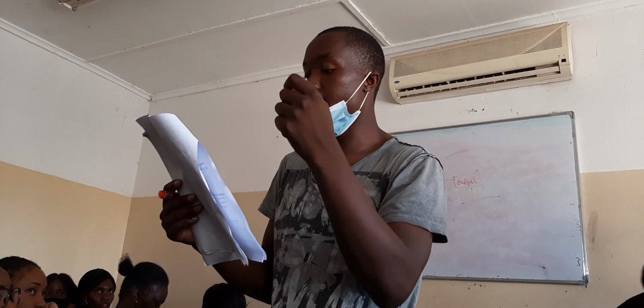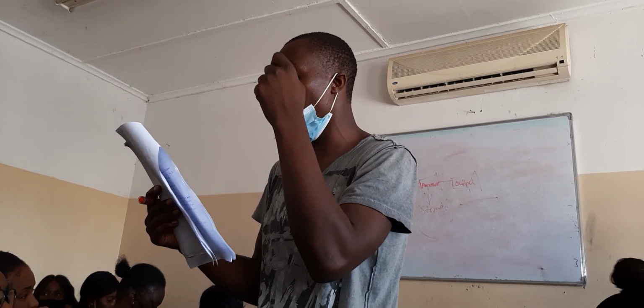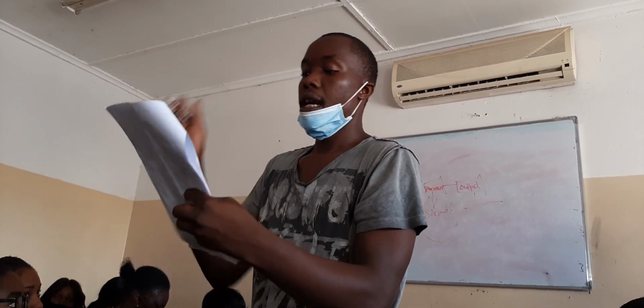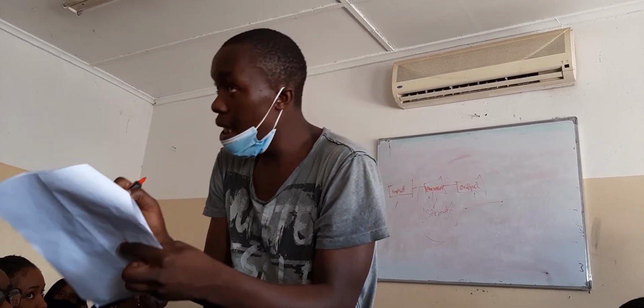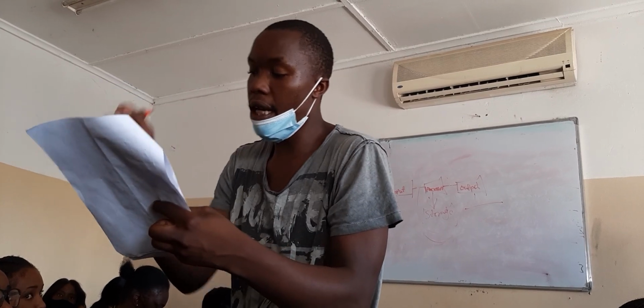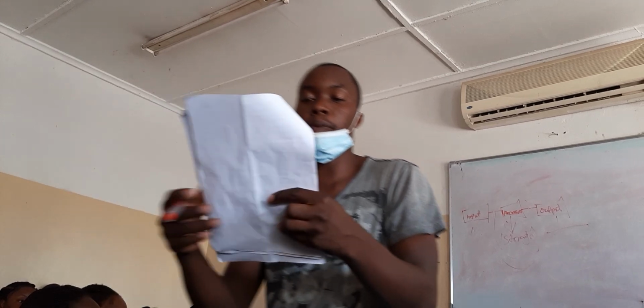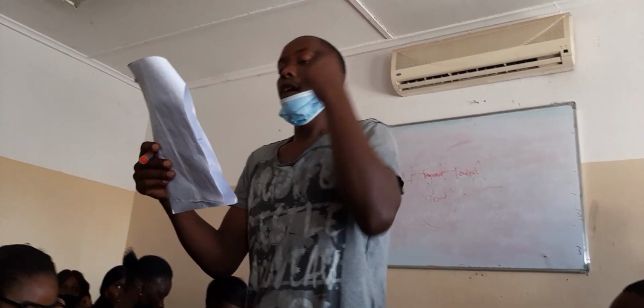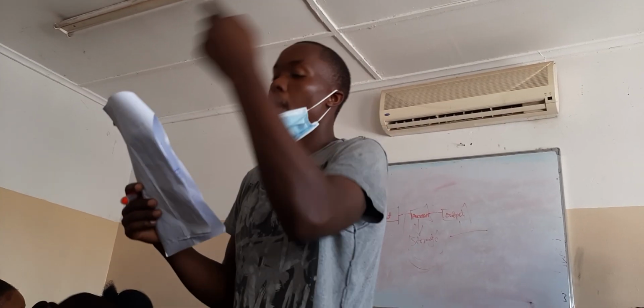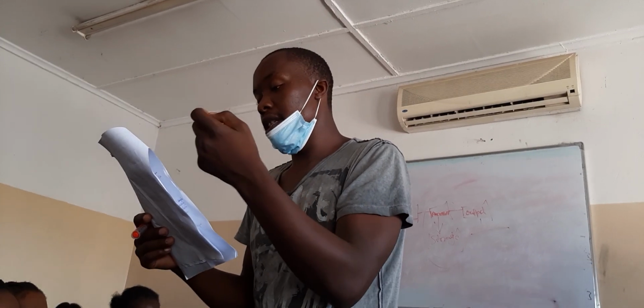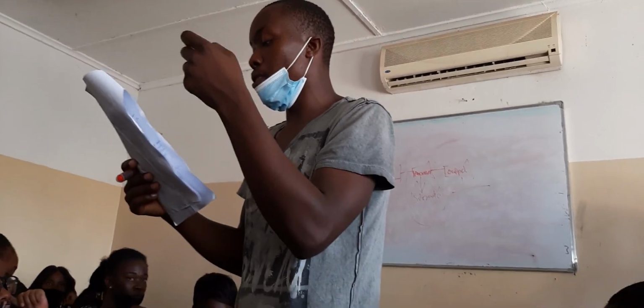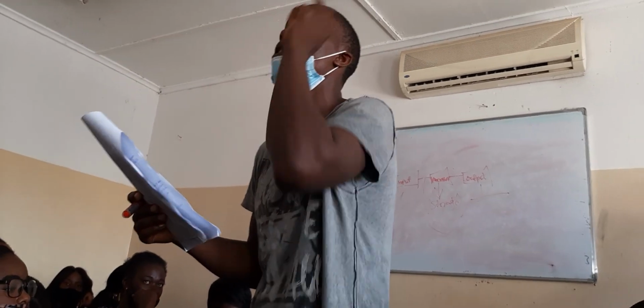Arithmetic means adding, subtraction, multiplication, and what? Division. Logic means comparing things so as to make appropriate what? Choices.